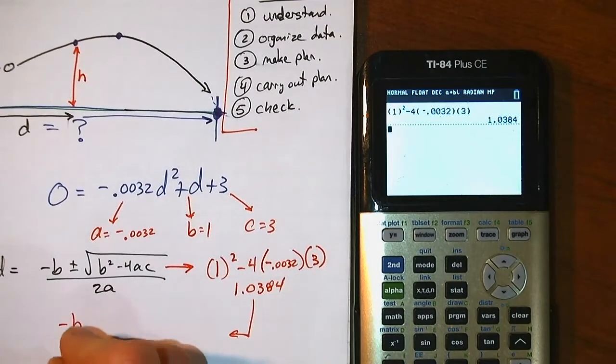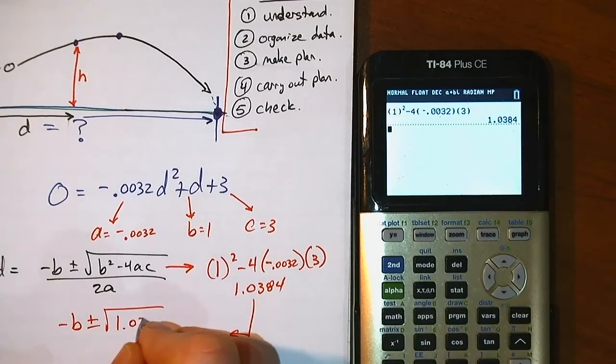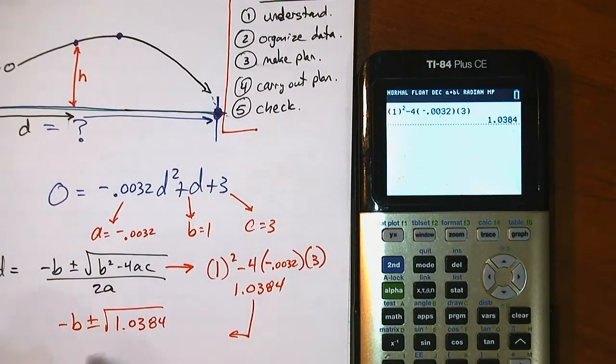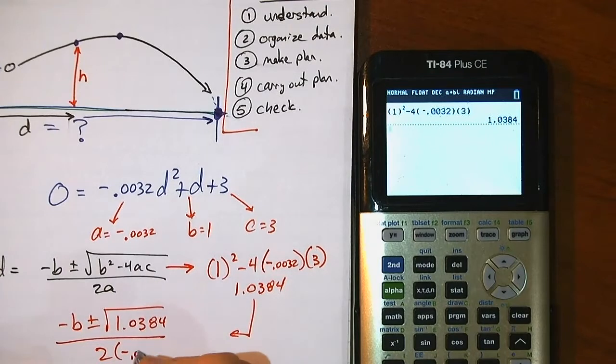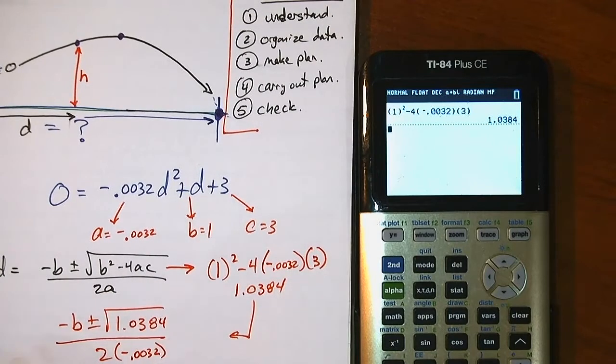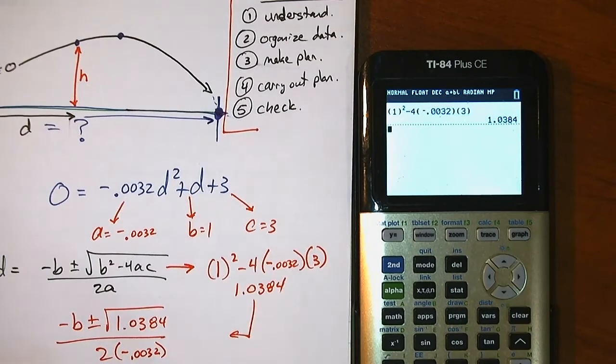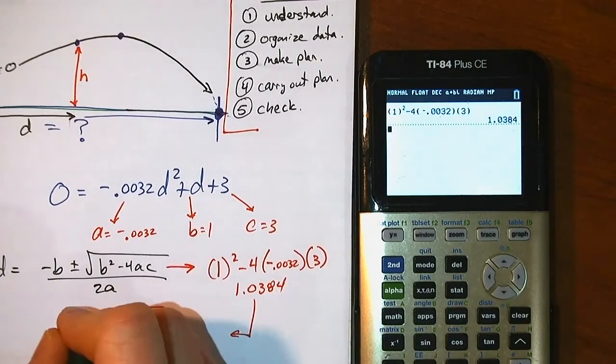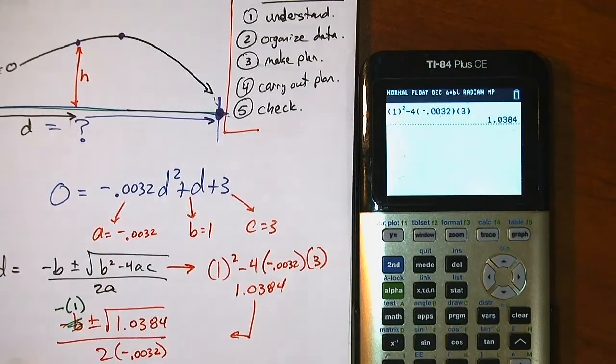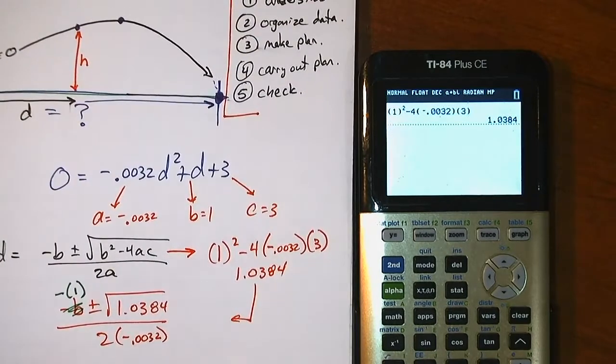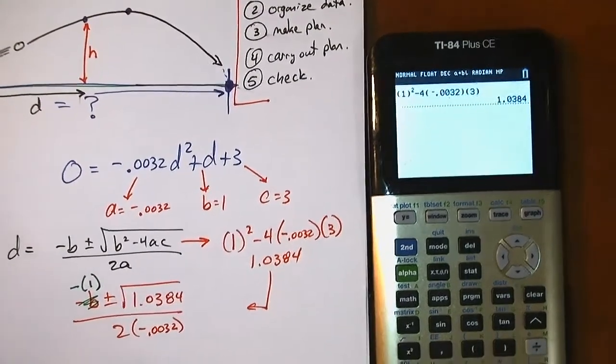So now I'm going to have the opposite of B plus or minus the square root of that, 1.0384, over 2 times A. A was equal to the opposite of 0.0032. We might as well plug in B here. B was equal to 1, right? So this is the opposite of 1 is what that is.